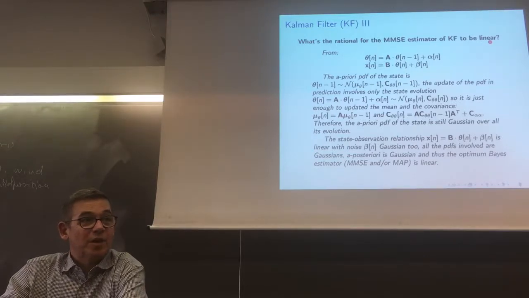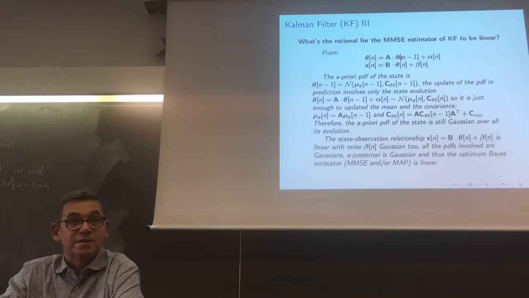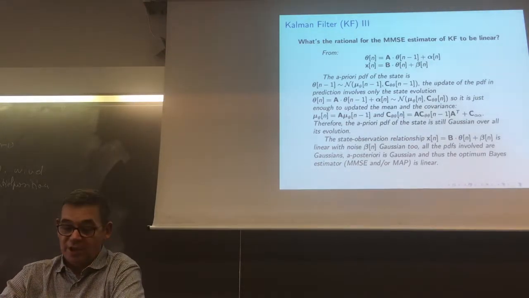There's a provocative question. It's linear because this guy is Gaussian. Since I initialize theta 0 as Gaussian, and this is a linear transformation, theta is Gaussian. If theta is Gaussian, and it's linear, and beta is Gaussian, this is Gaussian. So everything is Gaussian. It's Gaussians that keep moving inside.